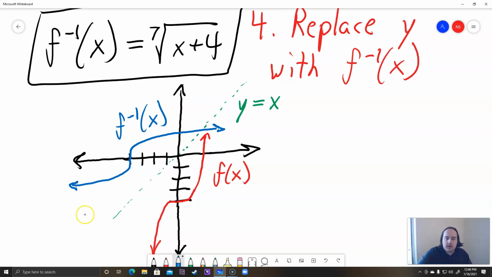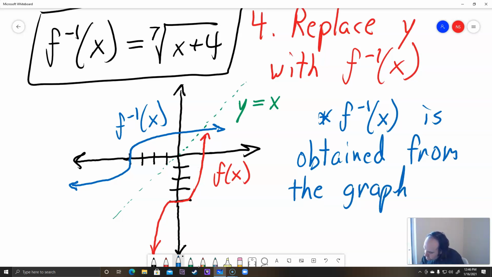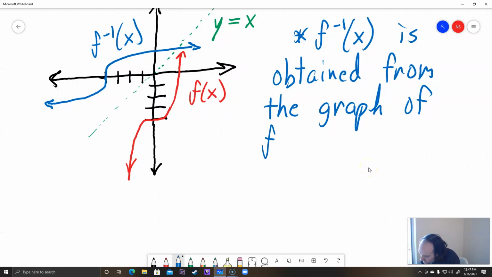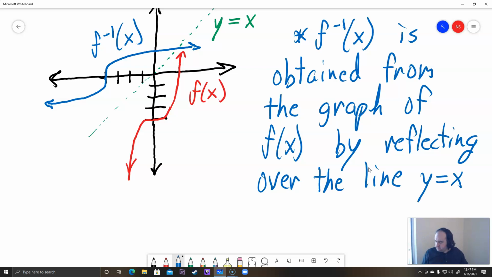But the idea is f inverse of x is obtained from the graph of f of x by reflecting the graph of f of x over the line y equals x.